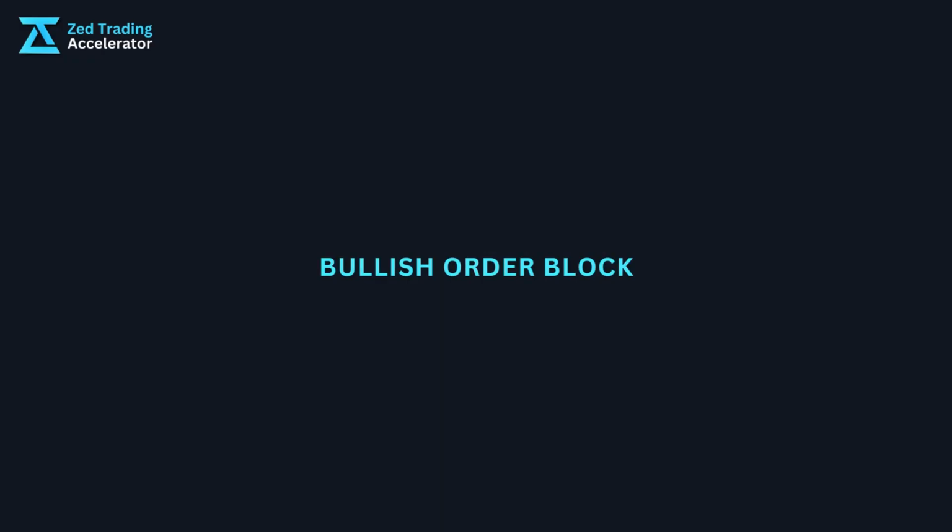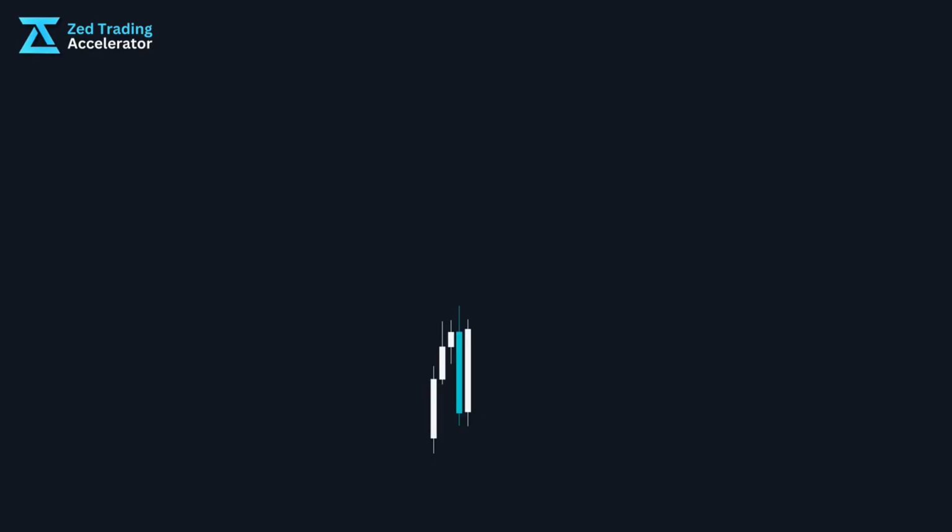Now let's see an example for our bullish order block. As we can see right here, we are overall bullish. Since we are bullish, we want to see up close candles, and here we form a down close candle.